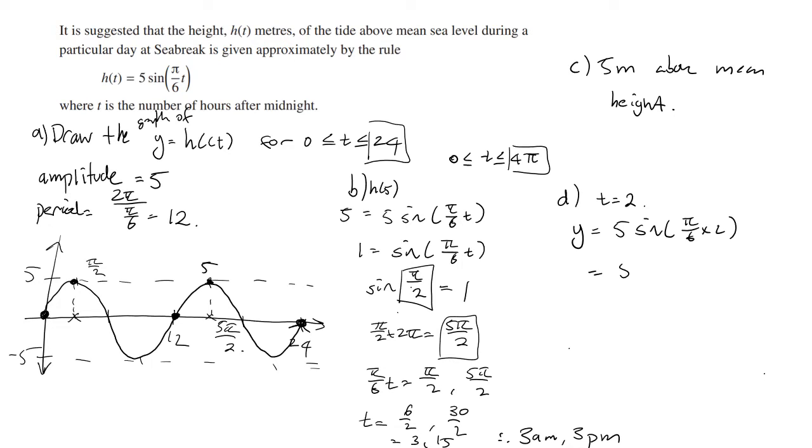That will be 5 sine pi over 3. And sine pi over 3, it's in the first quadrant. Everything is positive in the first quadrant. Draw your CAST diagram. So sine pi over 3 is root 3 over 2. The answer would be 5 root 3 over 2. Okay, about 4.3 meters.